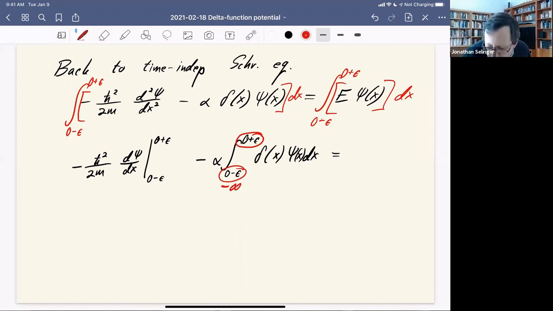Likewise, delta of x is 0 all the way from positive epsilon up to positive infinity, so this limit might as well be positive infinity. And then this whole term turns into the negative alpha times psi of 0.